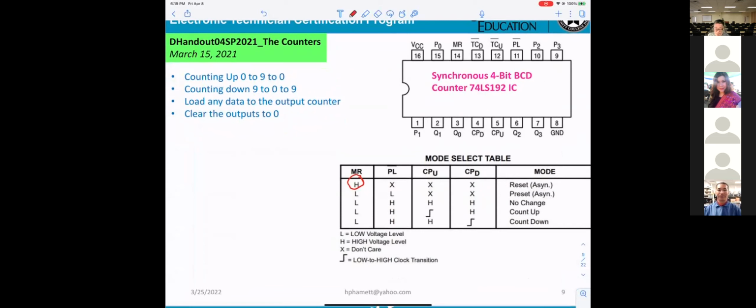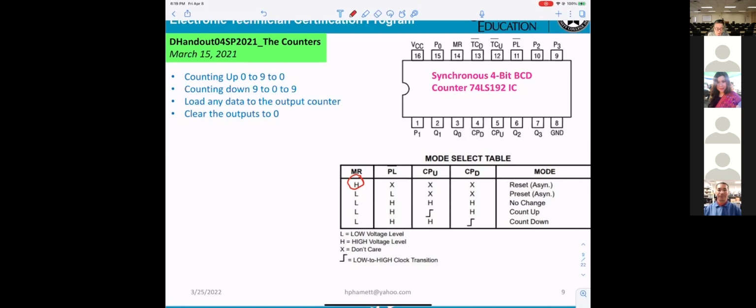So what happened to PL, CPU, CPD? They will be don't care. The thing is clear or reset has higher priority. In this case, if they are high, output must be 0. So we don't care about load. We don't care about up or down.